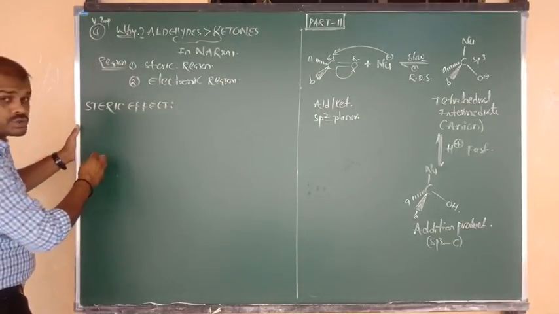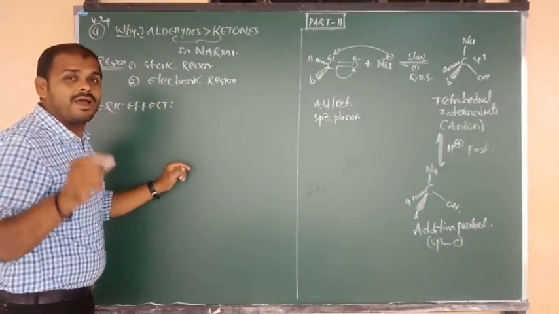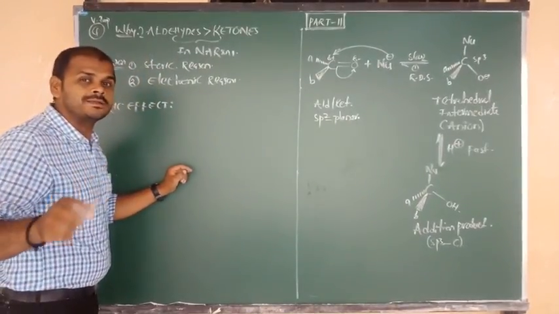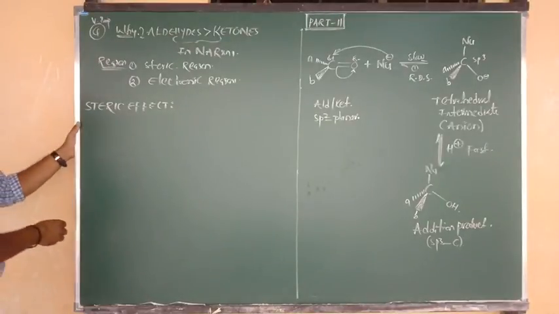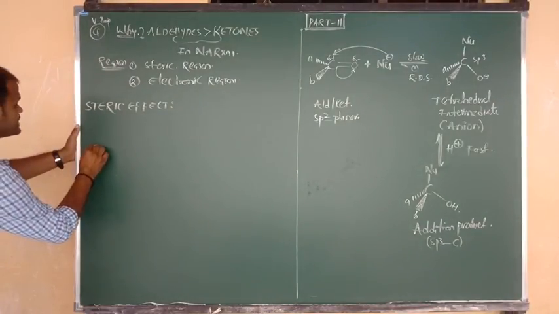First of all, I am going to consider a very simple primary aldehyde, the first member of the aldehydes, that is nothing but formaldehyde. What was the formula of formaldehyde? HCHO.